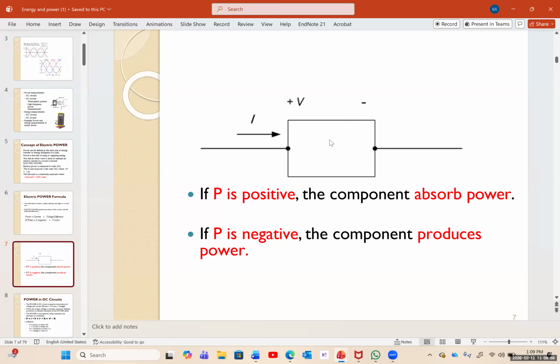And if we calculate power and power is negative, then the system is generating power. So a solar system, a PV photovoltaic system has a negative power. A generator has a negative power. A battery, if it's giving power, has a negative power. When you're charging it, it has a positive power.